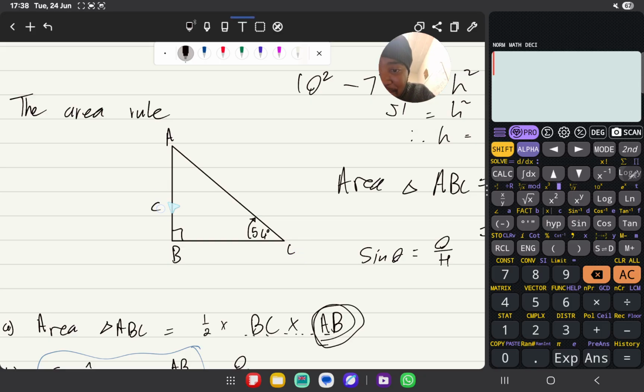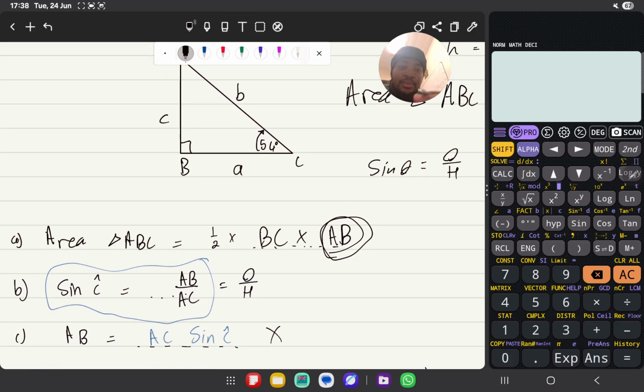So this will be small c, and then angle B, the side that is opposite angle B is AC, and it will have a small b. And BC is opposite angle A, and it will have a small a. So basically this is how you would identify the sides of a triangle.